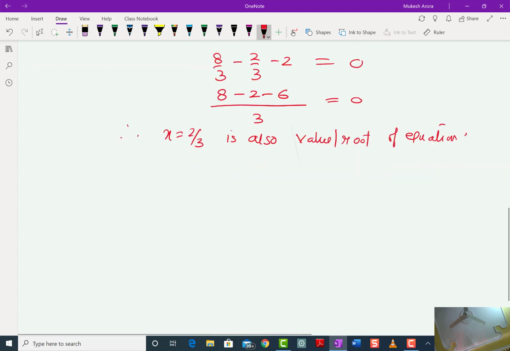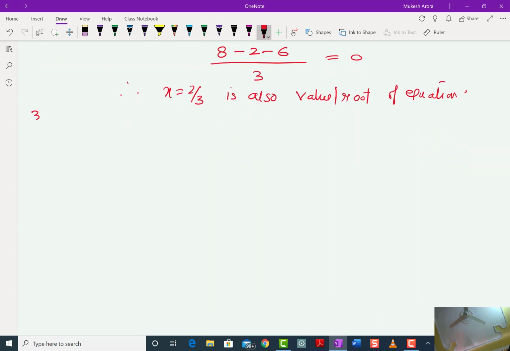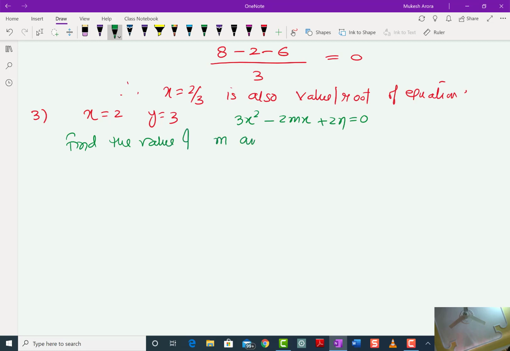Second part of this is where x is equal to 2 and y is equal to 3, it is given, and the equation is 3x square minus 2mx plus 2n is equal to 0. Find the value of m and n. This we have already done in class 9th.